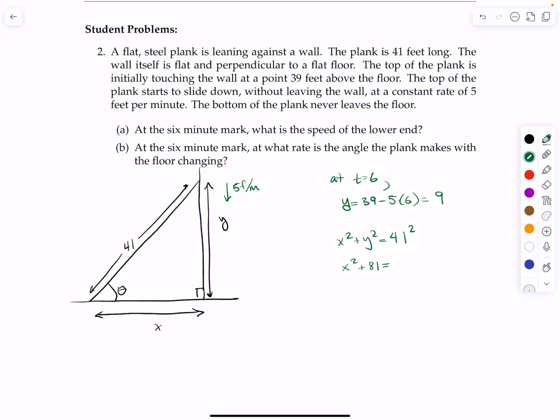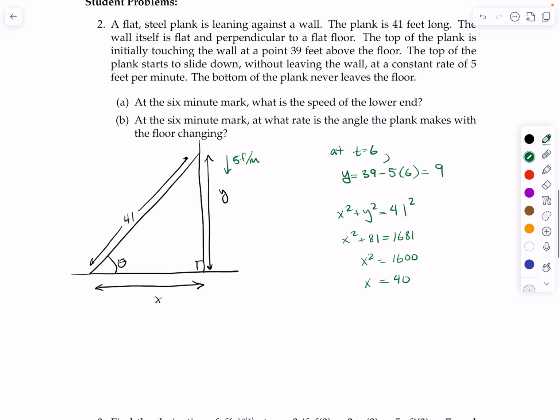I should know this, but I'm going to pull out my calculator because I want to get it right. It's 1681. That would have been easy. Okay, so that means that x squared is equal to 1600 and x is equal to 40 because 40 squared is 1600. So this snapshot, this moment in time that we're looking at, that's the situation.